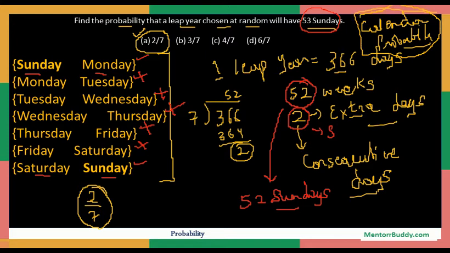Another important fact about this question is that the extra 2 days which give us the answer are definitely consecutive days. The consecutive options are only 2: Sunday Monday or Saturday Sunday, which gives the correct answer as 2 by 7.